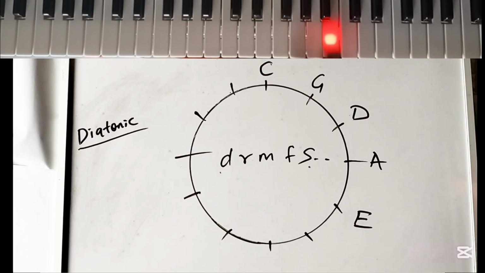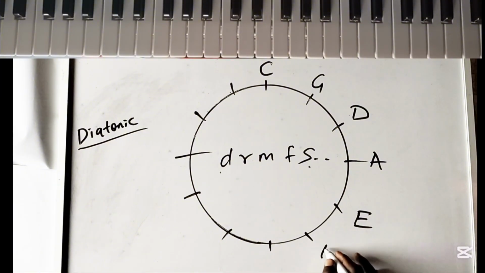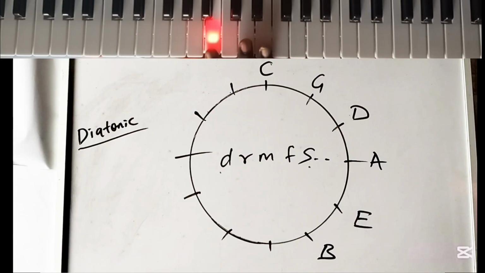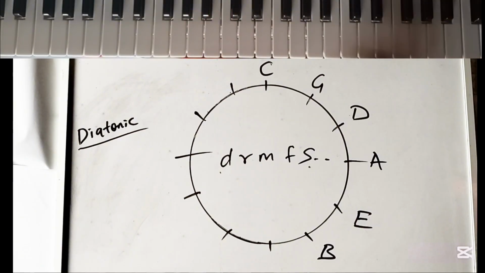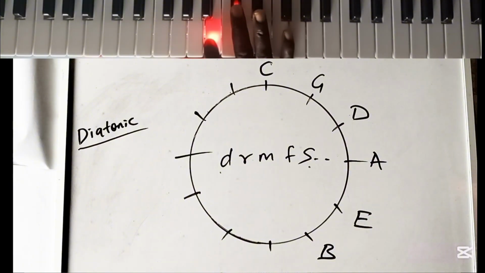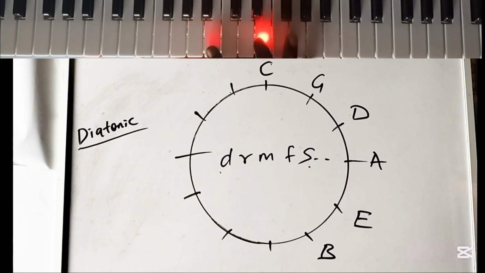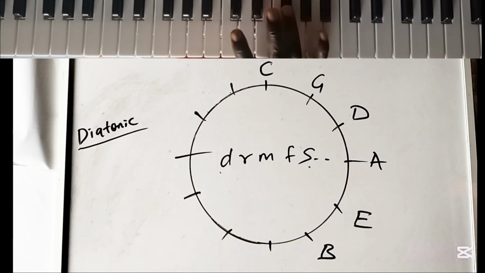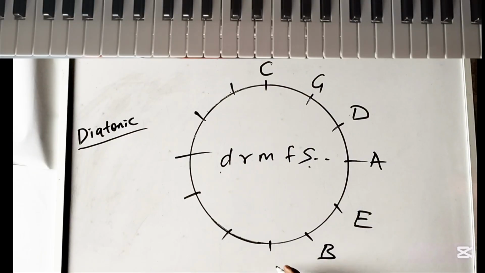The sol of E is what? What key is this? It is B. So the sol of B, let's take this as B, so that we'll not be going forward. The sol of B is what? F sharp.